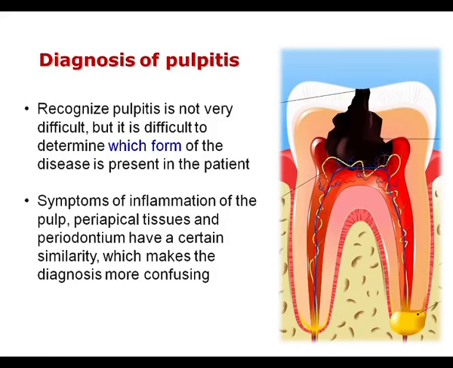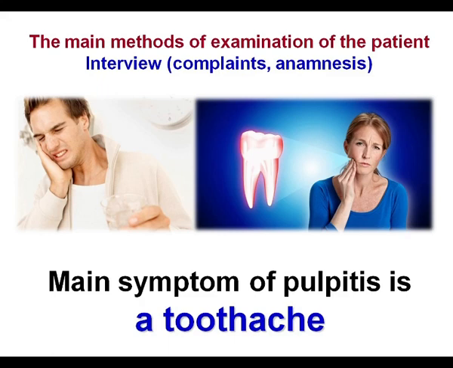Recognizing pulpitis itself is not very difficult, but it is difficult to determine which form of the disease is present in the patient. Symptoms of inflammation of the pulp, periapical tissues, and periodontium have a certain similarity, which makes the diagnosis more confusing.